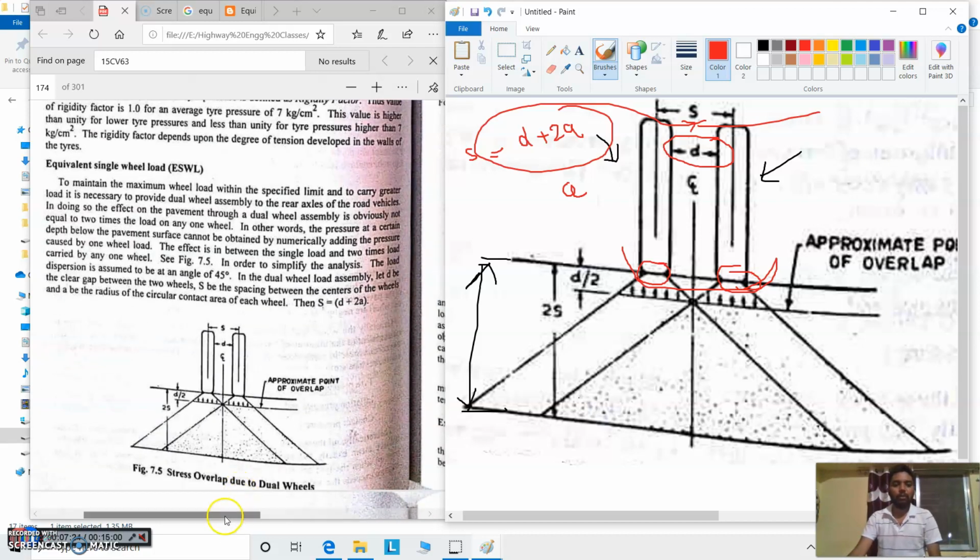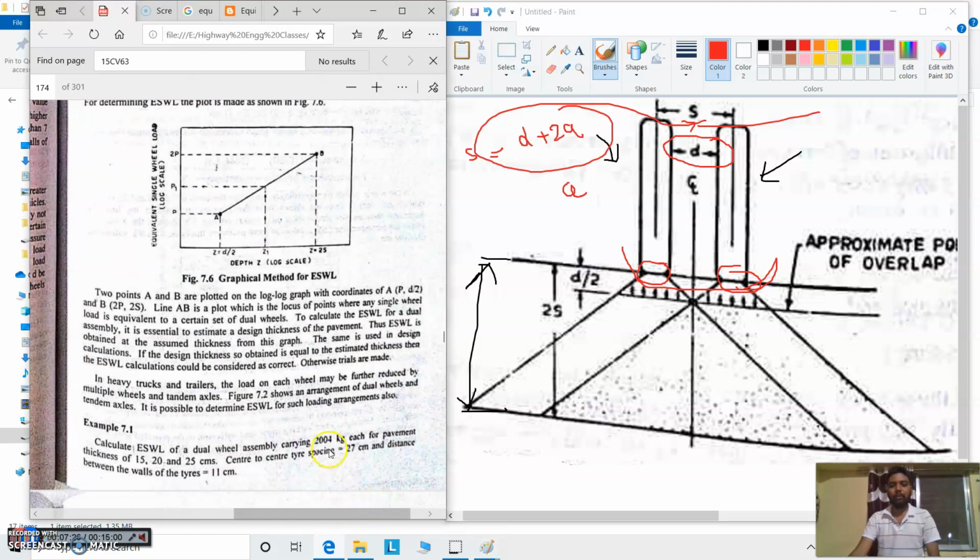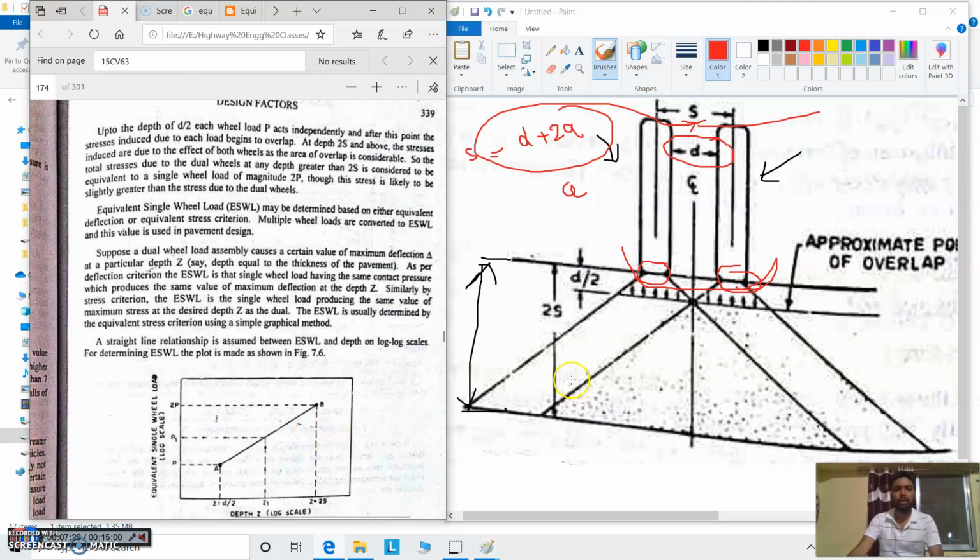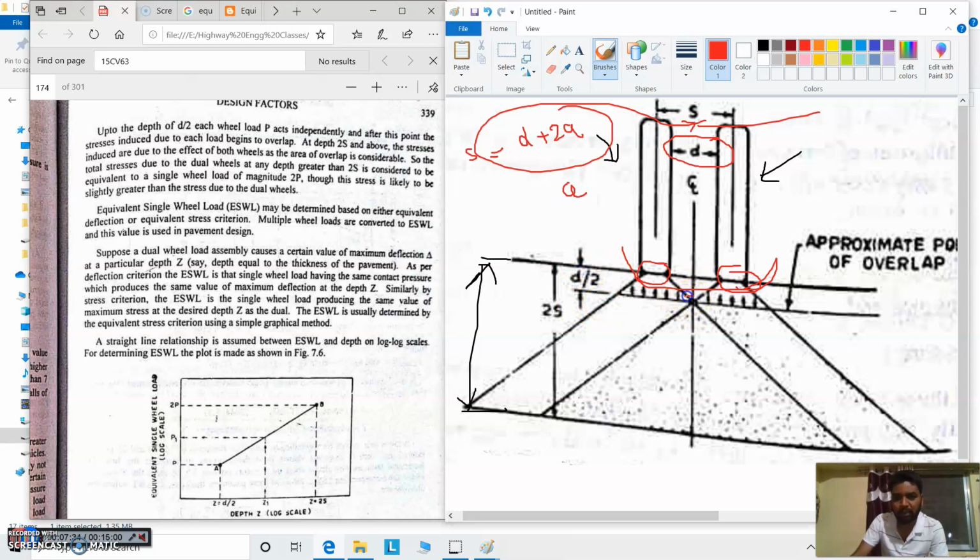And here we need to know that at the deflection criteria, up to the considered depth of D by 2 in the wheel assembly, each wheel load acts independently. The load is considered to be P again here. Each load acts individually up to the depth D by 2 into the pavement, right?